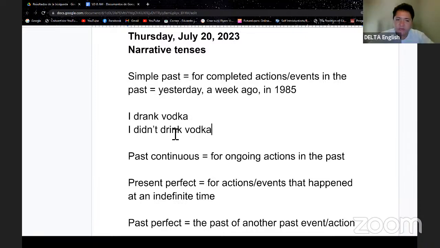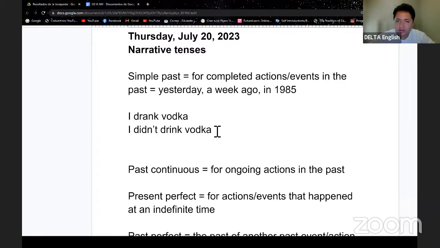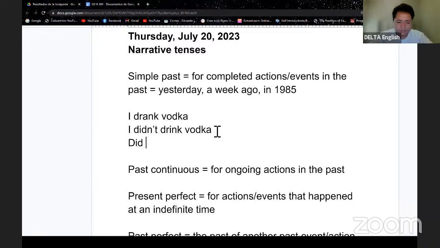We go back to the verb because we have the auxiliary verb. Yes, of course, I can share with you the notes so you can see them later. And finally, the interrogative, please. Did you drink vodka? Yes, very well. Did you drink vodka? Okay.